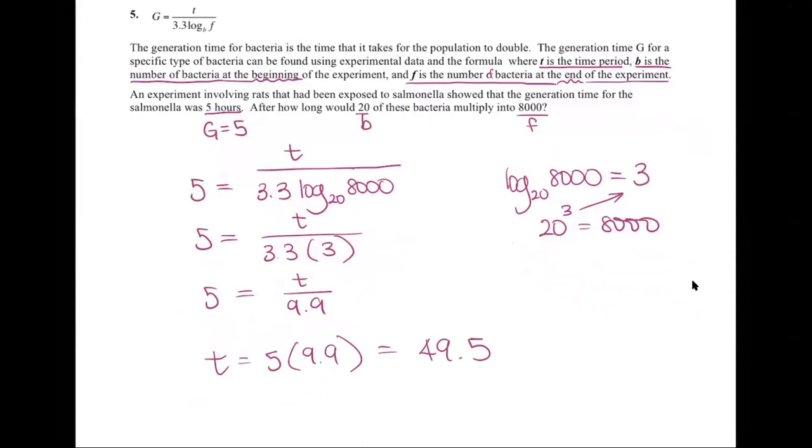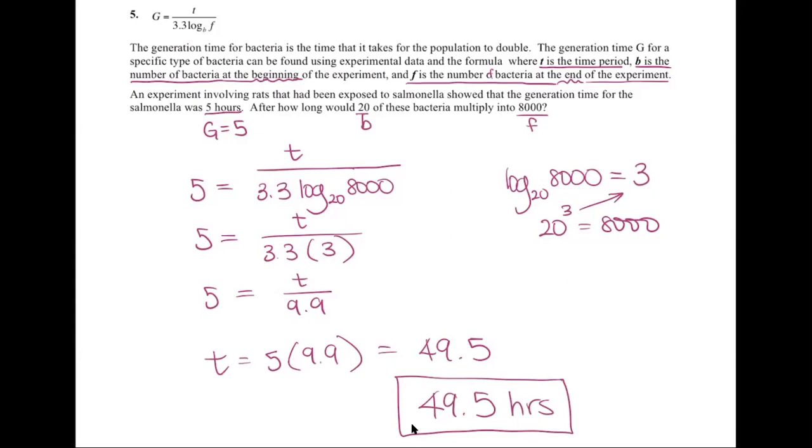So that is 49.5, and T is in hours. And there you go. It's a pretty confusing looking formula with a lot of material, but once you grab all the variables you need from the problem, plug it in, and simplify it, you're good. All right, good job, guys.